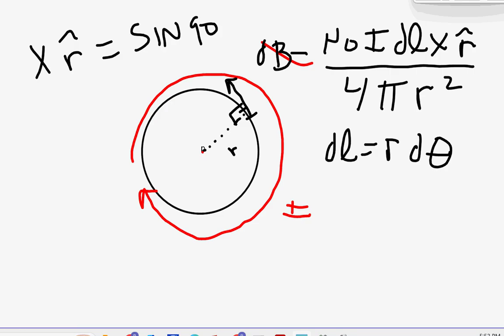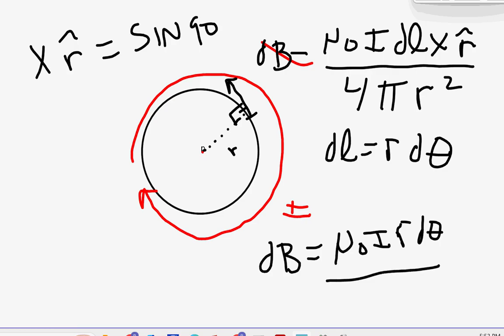So when we're done, we'll have dB equals mu naught I dl, which is r d theta, and then our cross r hat is already sine of 90, which is 1, over 4 pi r squared.